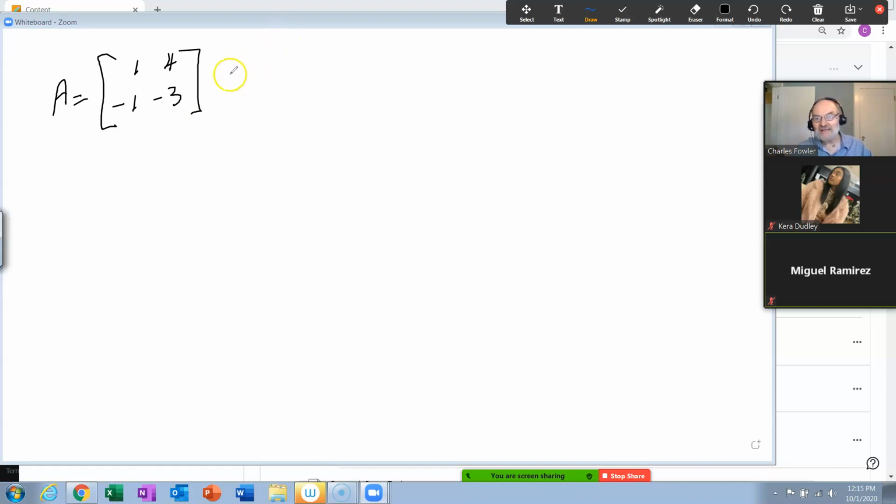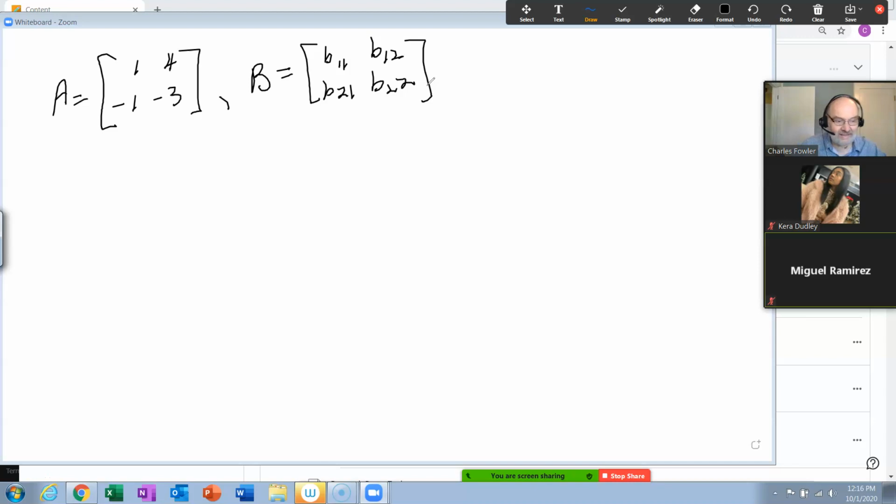Let's just say that its inverse is going to be B, but we don't know what B is. So let's name it B11, B12, B21, B22. You know it's got to be a 2 by 2 matrix.